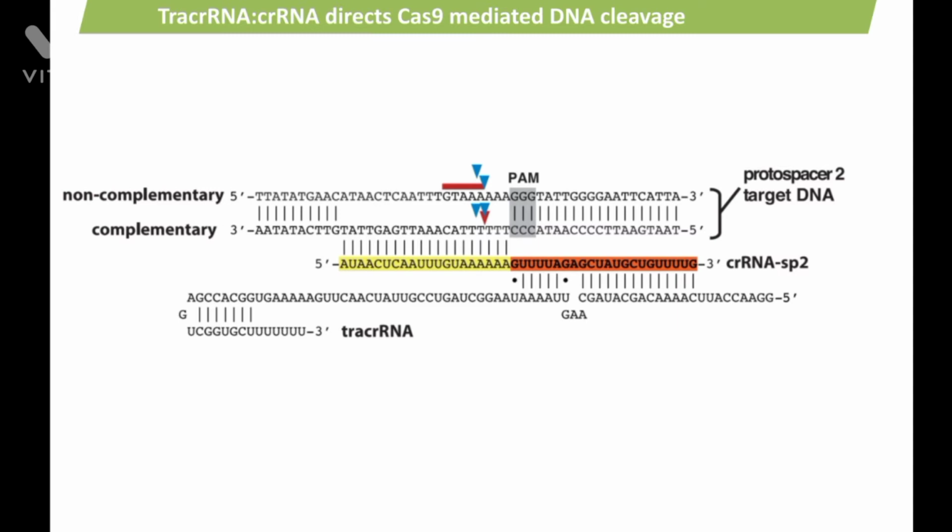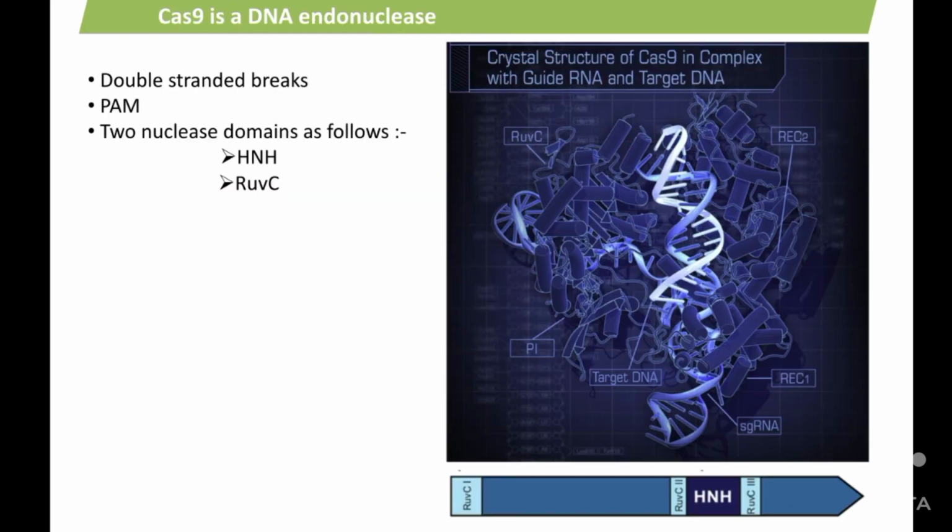This interaction creates a structure in which the 5' terminal 20 nucleotides of the crRNA, which vary in sequence in different crRNAs, are available for target DNA binding. The bulk of the trans-activating crRNA downstream of the crRNA base pairing region is free to form additional RNA structure and to interact with Cas9.